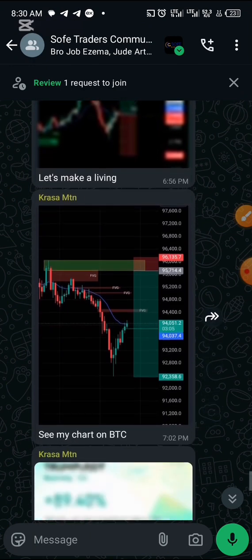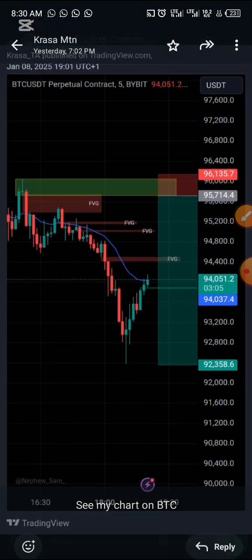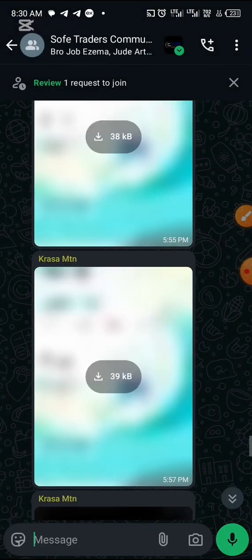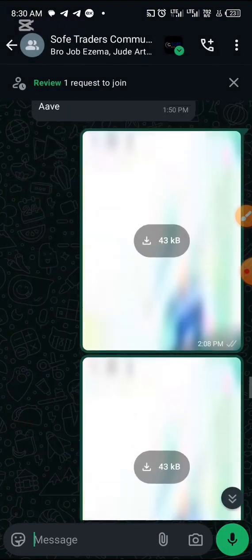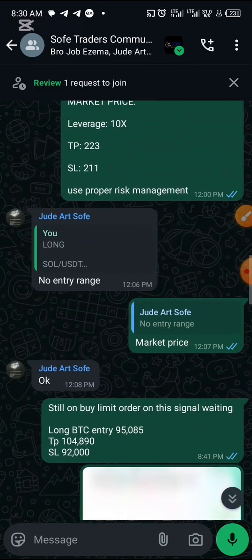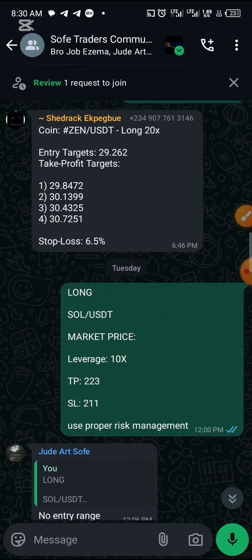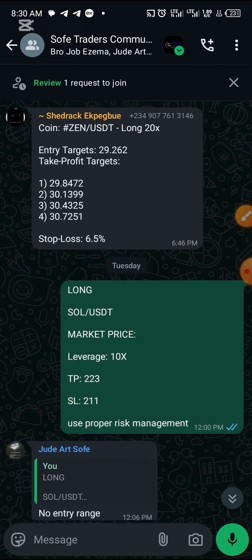On our WhatsApp community, you'll be seeing different signals like this that come with the chat, and you'll be seeing other signals like this. You can also see other signals like this. So I'm going to be explaining how to use these signals.